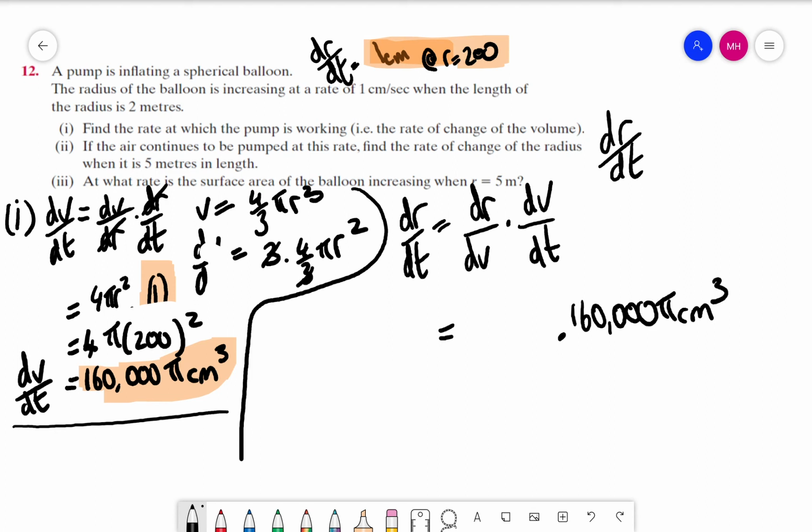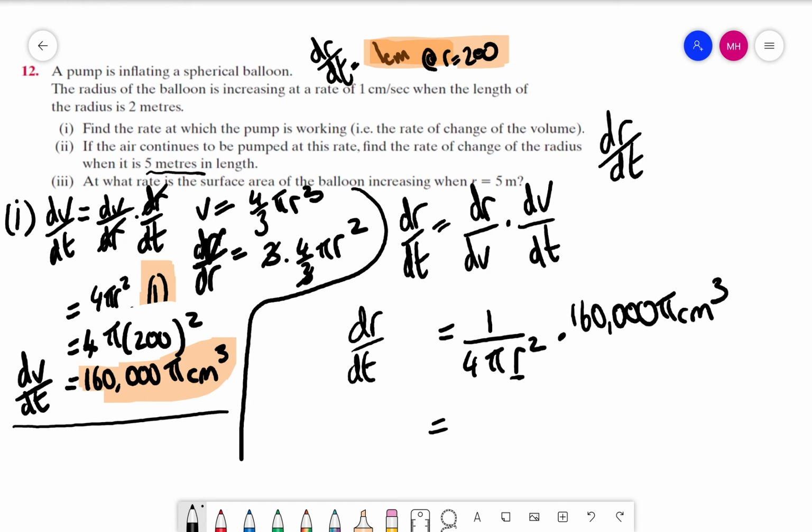And dr/dV, we can take dV/dr, which is 4 pi r squared, and flip it upside down, so it becomes 1 over 4 pi r squared. So we multiply those two things, and we'll end up with dr/dt. Now, this time our r has got to be 500 centimeters.